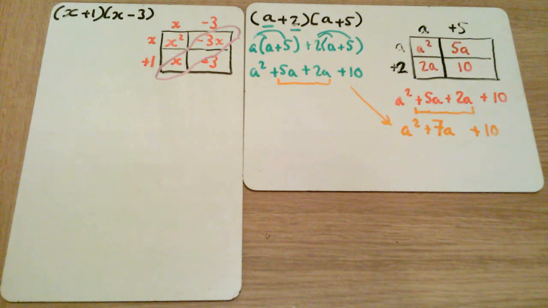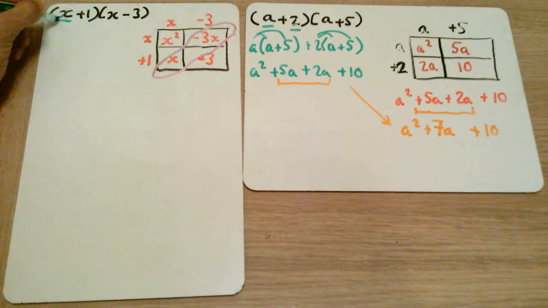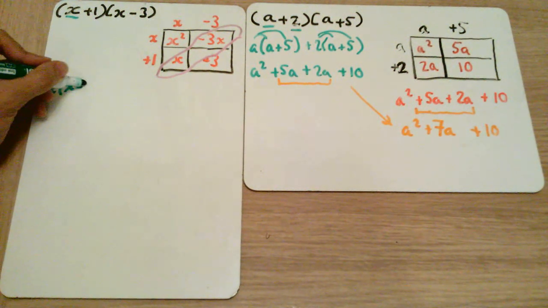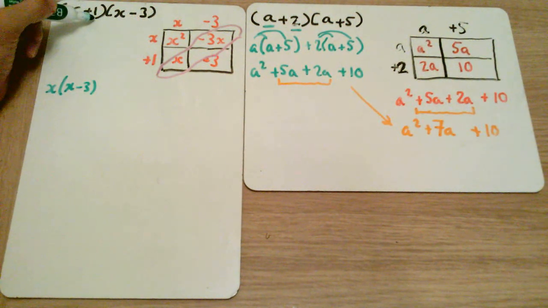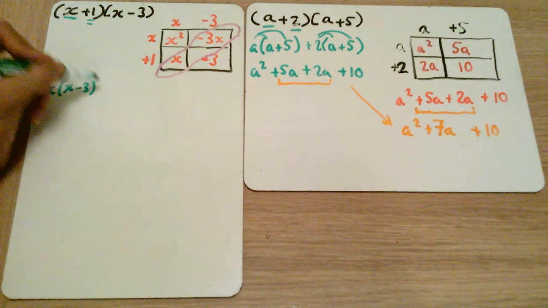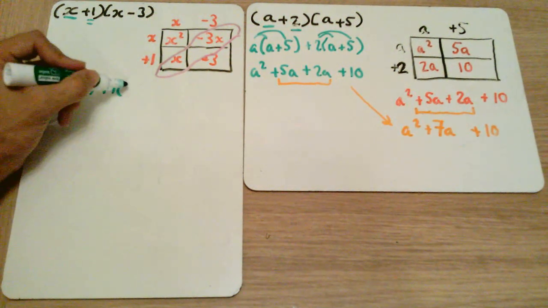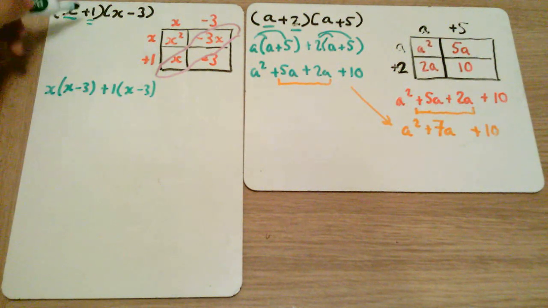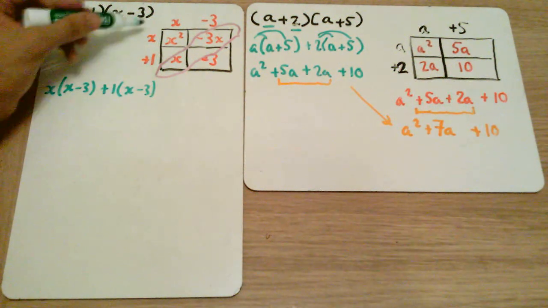Now, if we use the other method, if we hadn't used the process of the grid method, we said it was x times x minus 3, and then 1 or plus 1 times x minus 3. So this times that whole bracket plus this times that whole bracket.